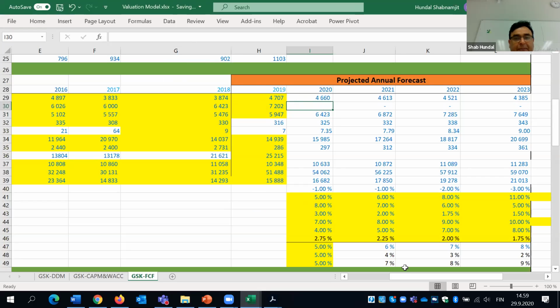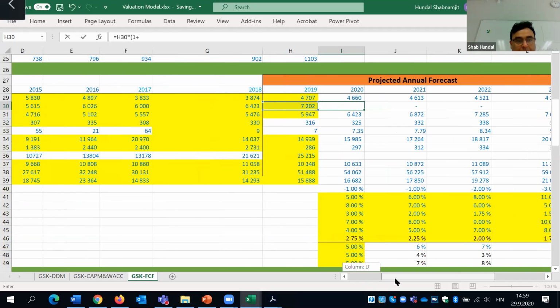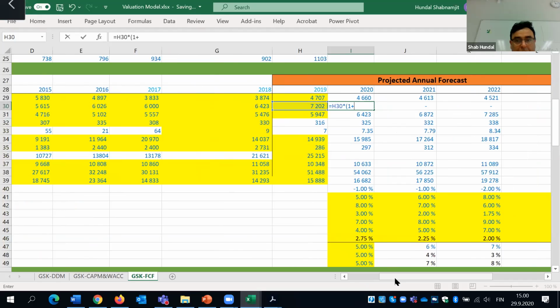So the accounts receivable last year were 2,000. I have to calculate again. Multiply by 1 plus the rate of growth of receivable, which is in row 41.